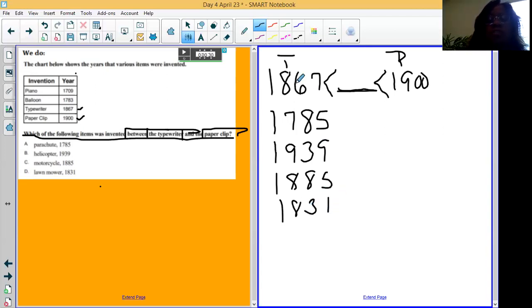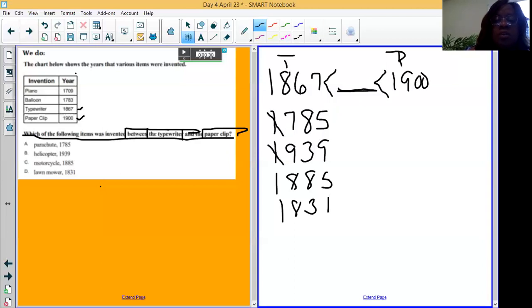Now, all of your answer choices and the numbers that it is being compared to have 4 digits, which means that this is the ones place, here's the tens place, here's the hundreds place, and we're going to start in the thousands place. So the number that we're comparing it to has a 1 in the thousands place, along with the answer choices. So the thousands place does not help us at all.